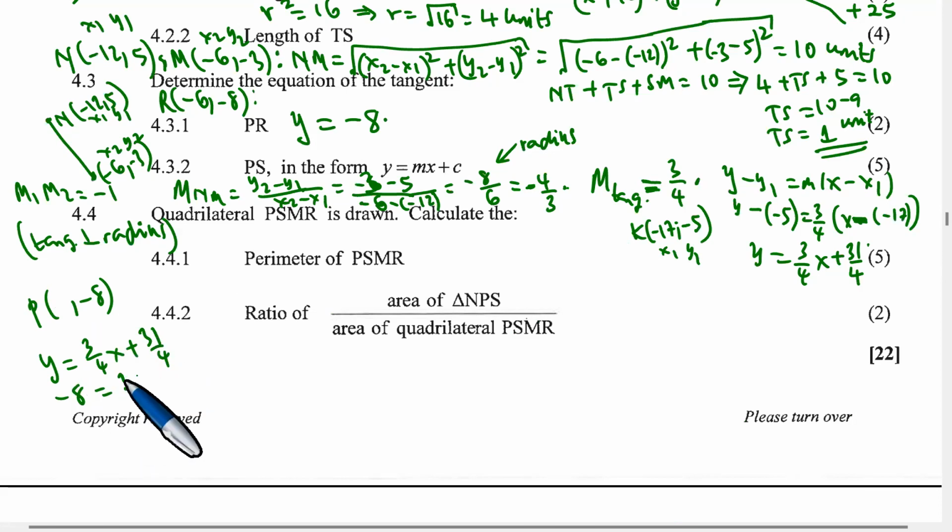So -8 equals 3x out of 4 plus 31 out of 4. Solving, 4 times -8 is -32, then -32 minus 31 is -63. So x becomes -21.